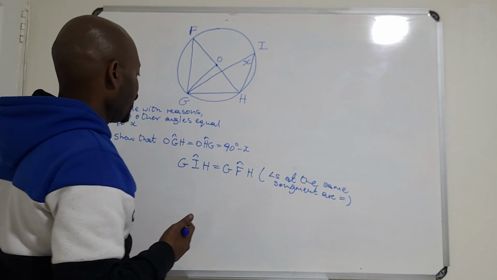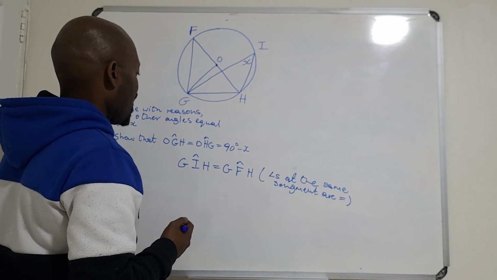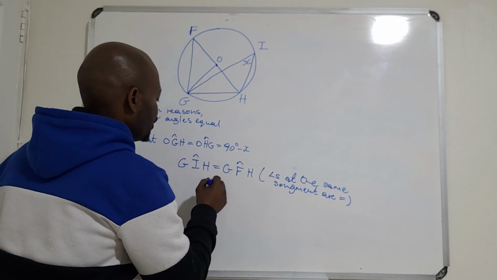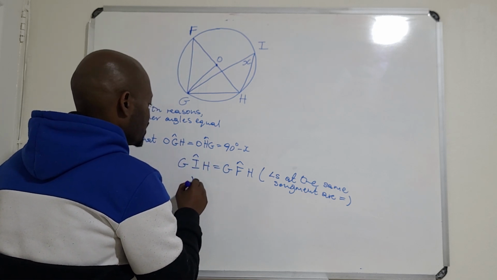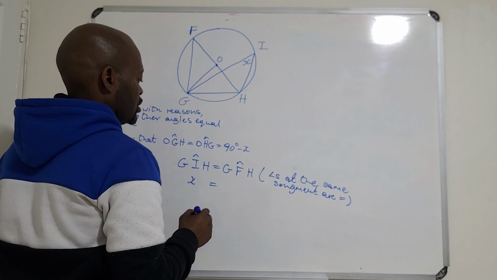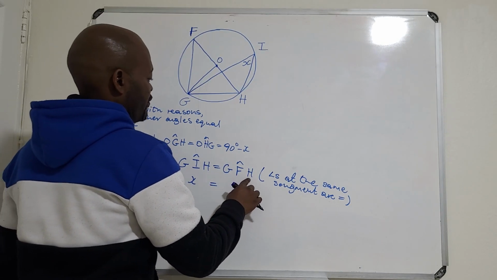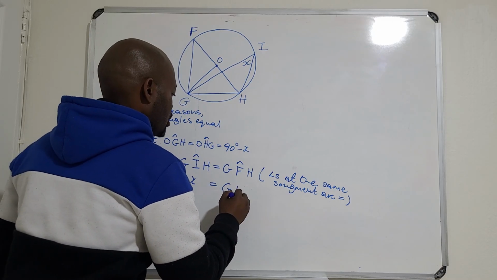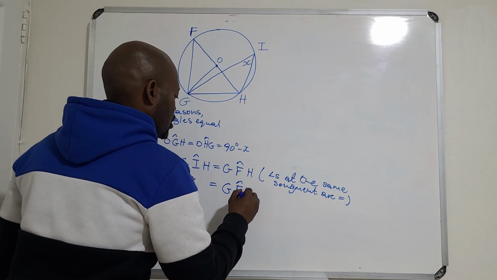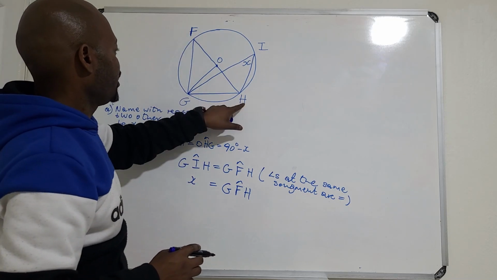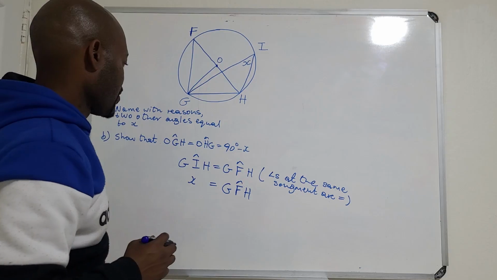Now, angle GIH is equal to x. Therefore, it means that angle GFH is equal to x.